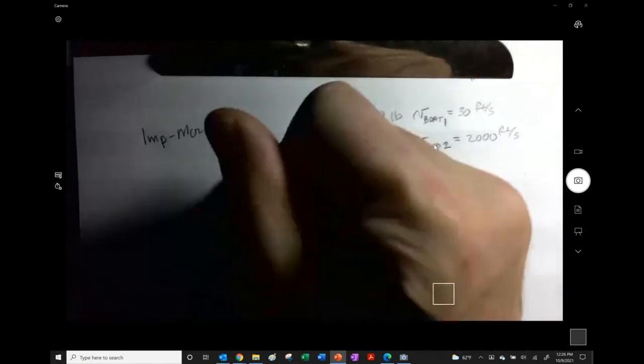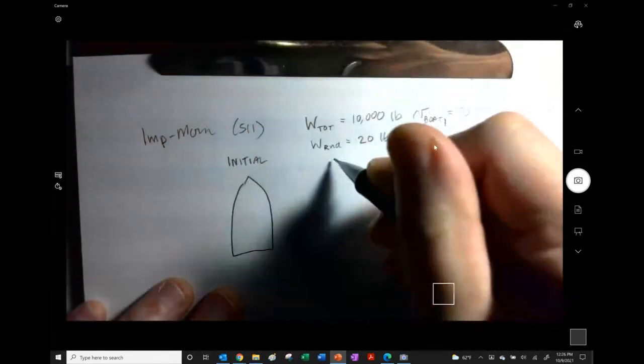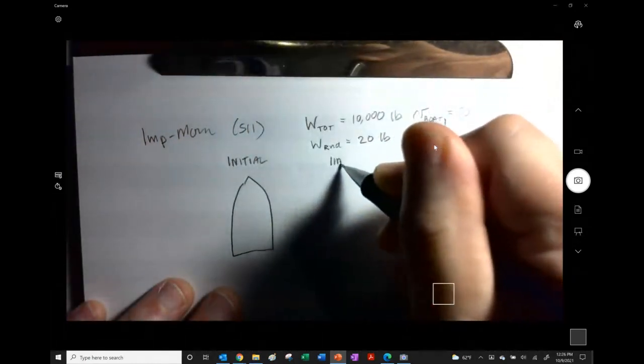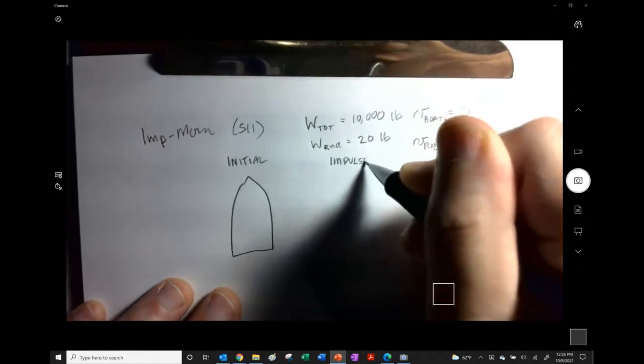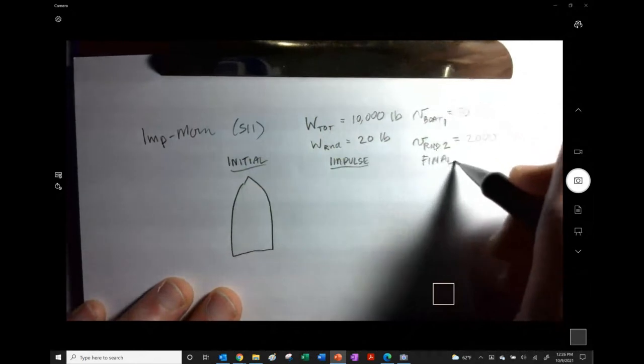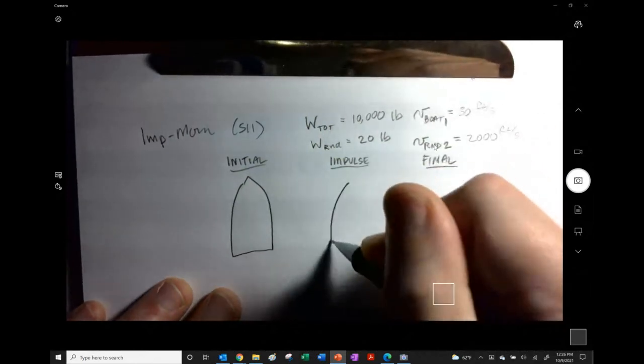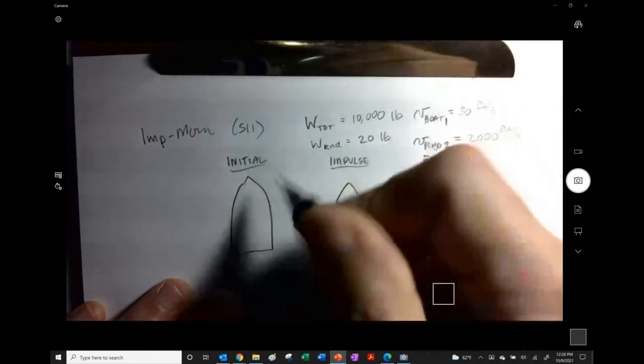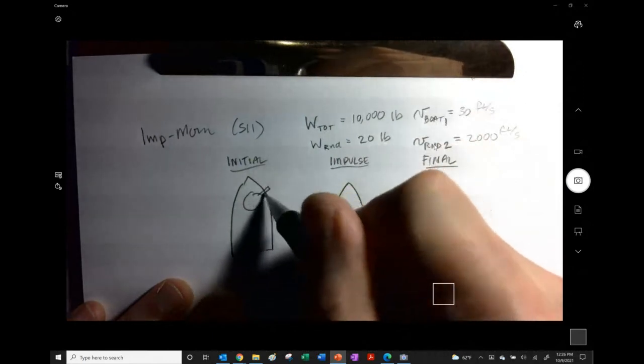So what we want to do here is we'll have our initial, we will have our impulse, and we'll have our final. And this is a little hard to explain, but maybe not.